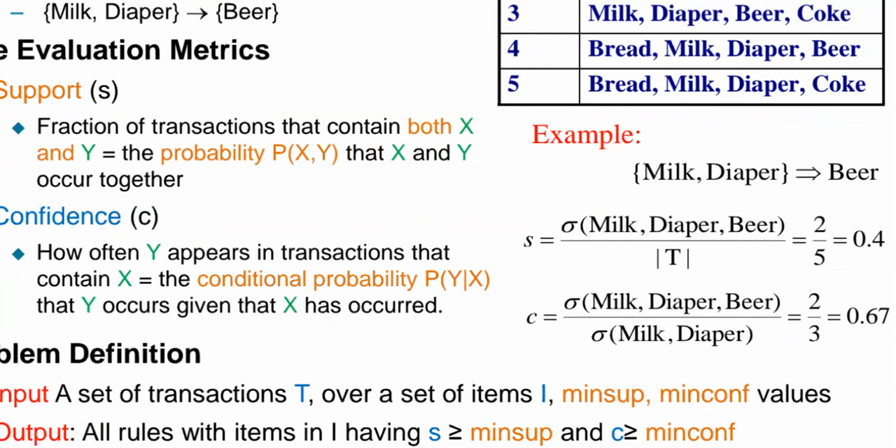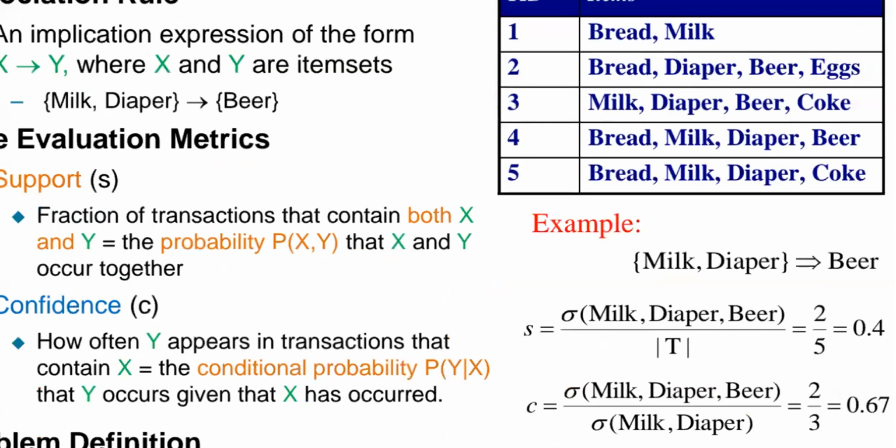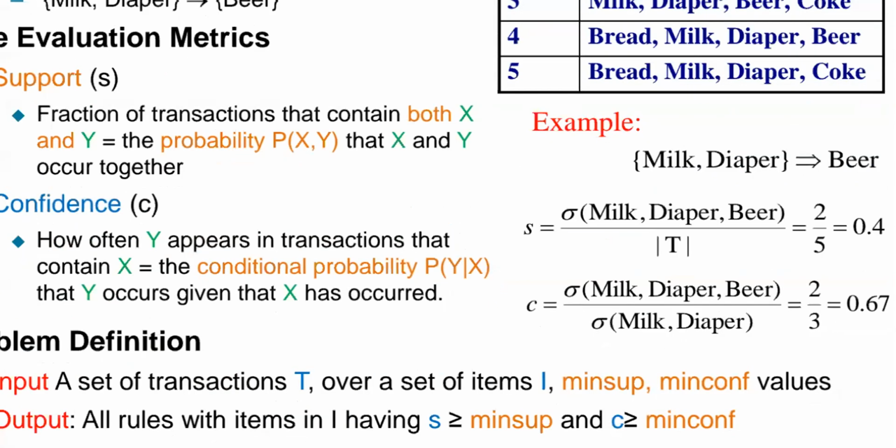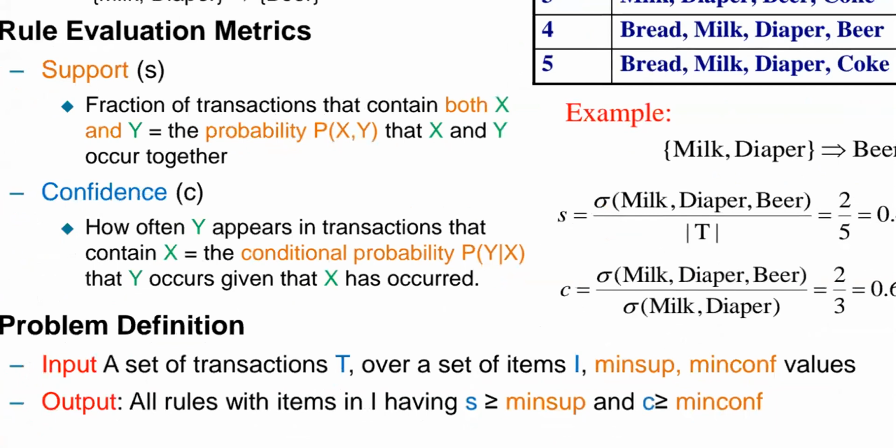So it is 2 by 3, which gives a probability of 0.67. That is how to find the confidence value for the rule evaluation metrics.